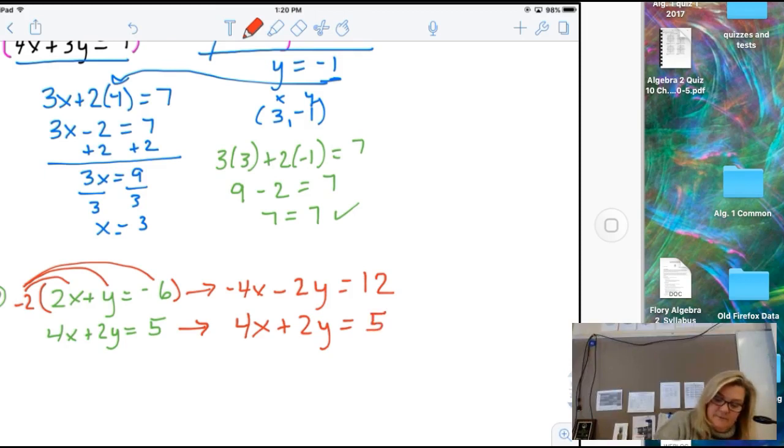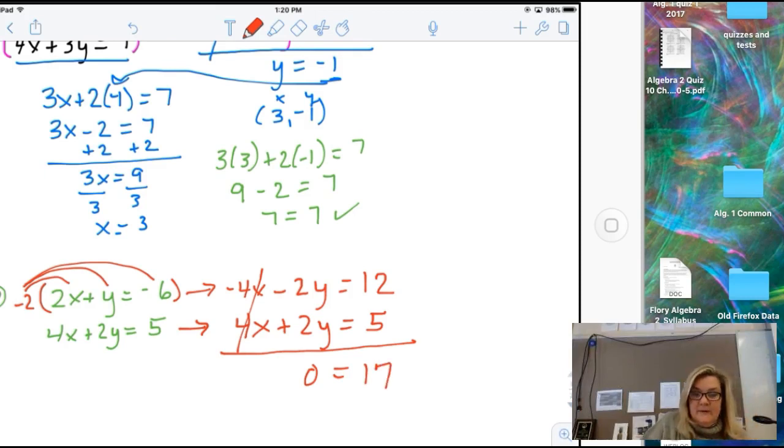Okay, now we're all set to eliminate. I'm going to make my equal sign. I'm going to add down: -4x plus 4x, I can get rid of that. -2y plus 2y is 0 equals 12 plus 5 is 17.